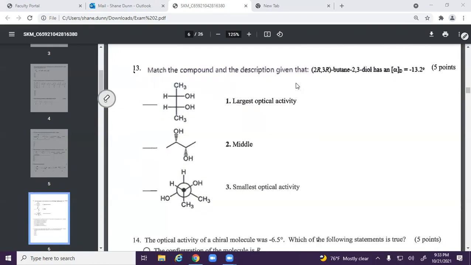Just know for optical activity, you have to have enantiomers. Optical activity has to be comparing enantiomers. Why? There's an experiment in which you shine light at something, and the R and S can polarize light.